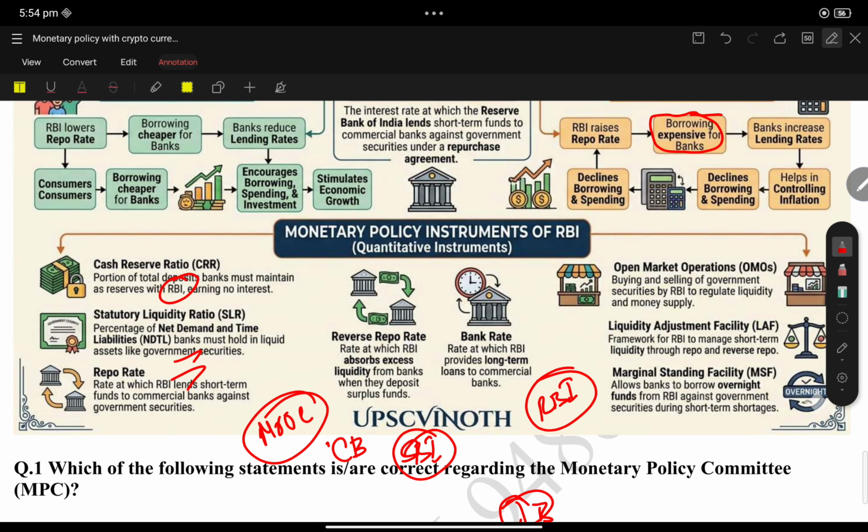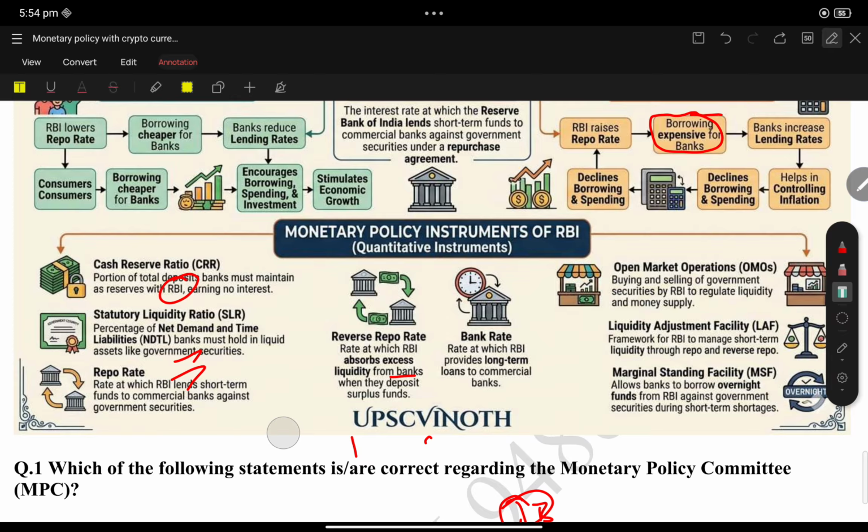RBI will ask SBI to deposit its excess money with the RBI, so as to absorb excess liquidity from the bank when they deposit surplus funds. RBI gives some interest to SBI for the deposited money. That is the reverse repo rate. Now RBI is getting money from the bank, so it is reverse repo rate.